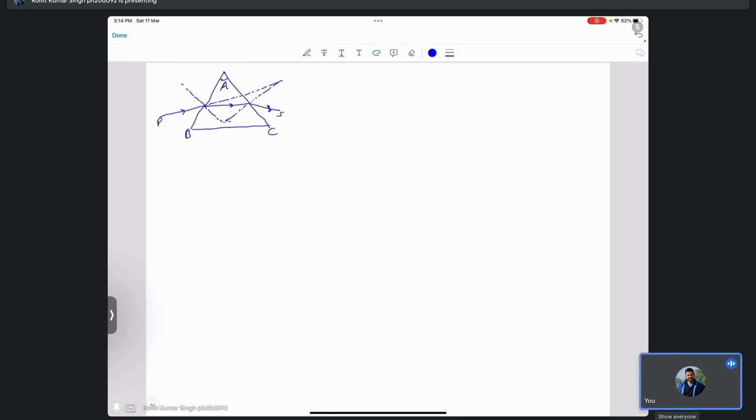Okay, and let's say this point is S. This angle is the angle of emergence E. This is the angle of incidence I. This is normal N. This normal is K. And let's call this point O. This is the first refracting angle R1. This is the second refracting angle R2.